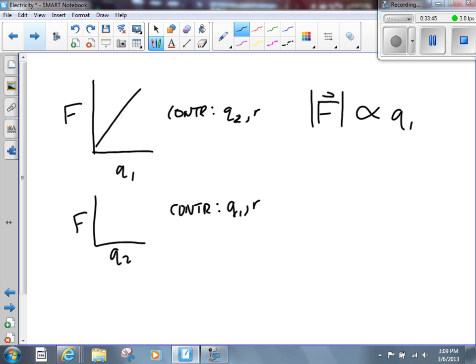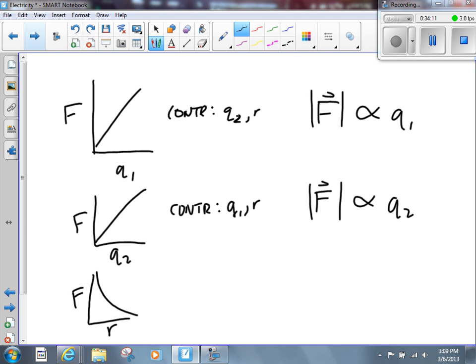This is also a linear relationship. That also told him that force is directly related to Q2. As Q2 goes up, F goes up. Finally, he performed an experiment where he manipulated the value of R, measured the value of F that responds to that. This time you get a graph that looks like this.